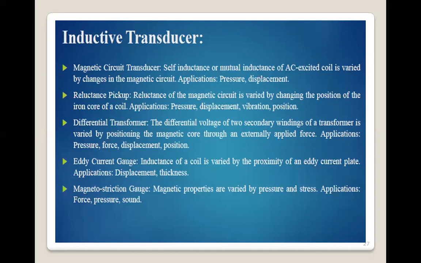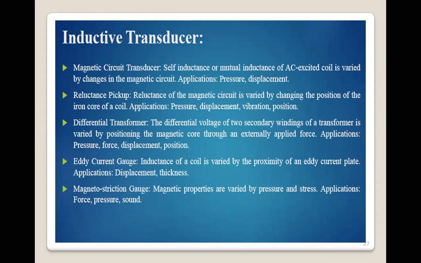Now in the inductive transducer, the first one is the magnetic circuit transducer. That means the self inductance or mutual inductance of an AC excited coil is varied by change in the magnetic circuit. It is used in the measurement of displacement or pressure. The second one is the reluctance pickup type.